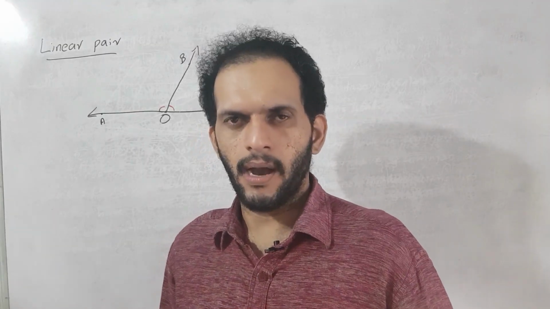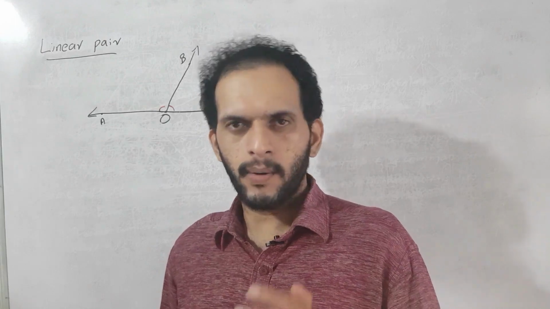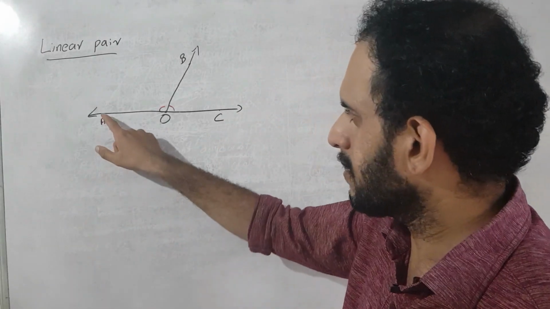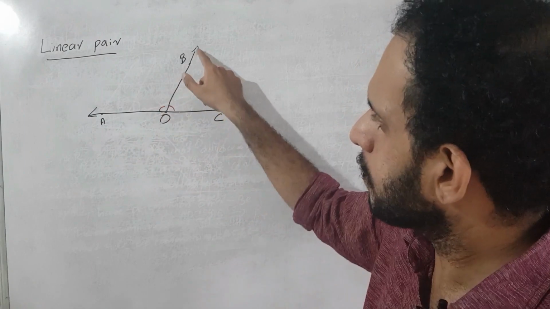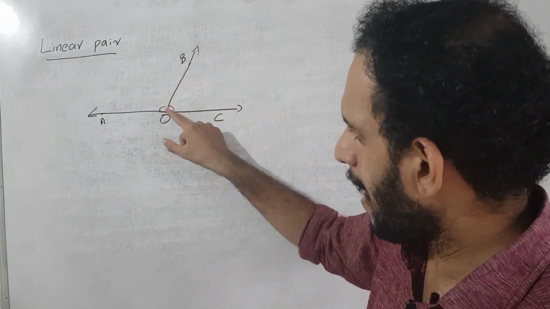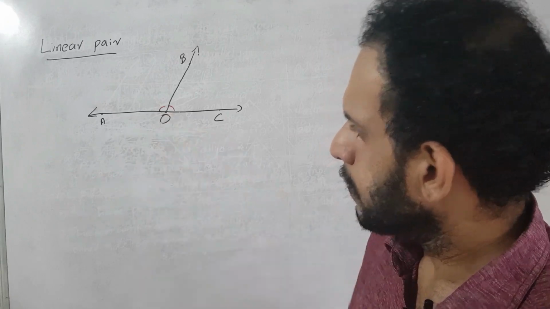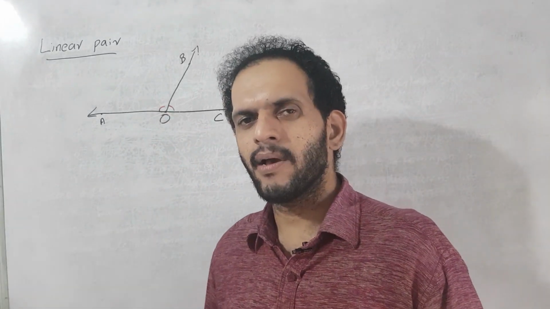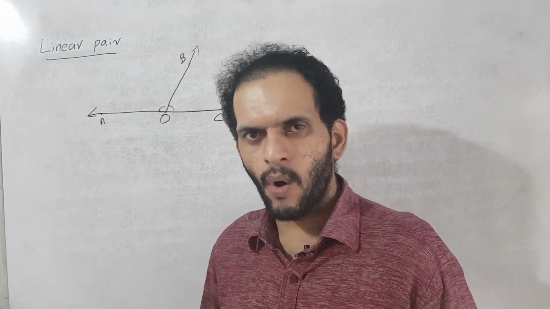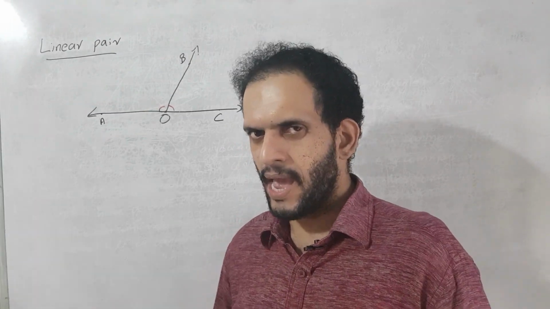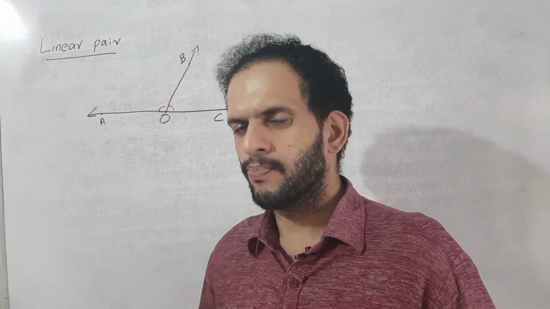We check, how to? They have a common vertex. The angle is originating from one vertex, correct? Then one point. It is very clear they have a common vertex. The common vertex is O, AOB and BOC.